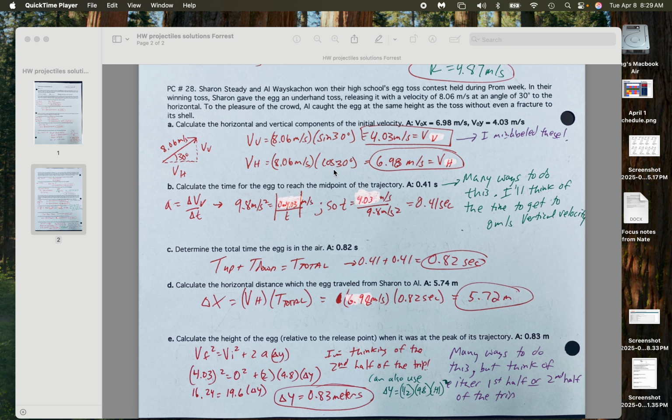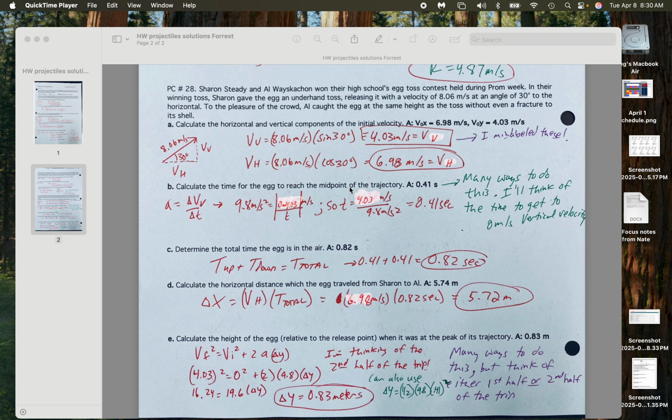So horizontal is cosine, 6.98 meters per second, vertical velocity, 4.03 meters per second. So even though this is 8.06, there's less horizontal and vertical as the components. Remember, the optimal angle for shooting to get the maximum distance for a projectile is 45 degrees if the projectile lands at the same height as which it's launched.